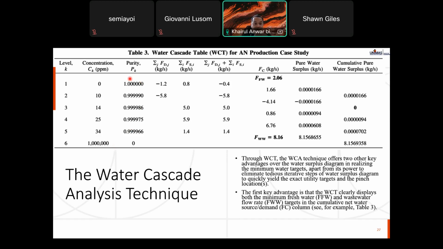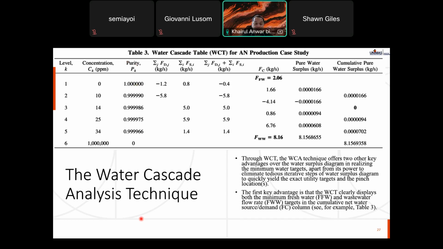And the purity we obtain from equation 2.